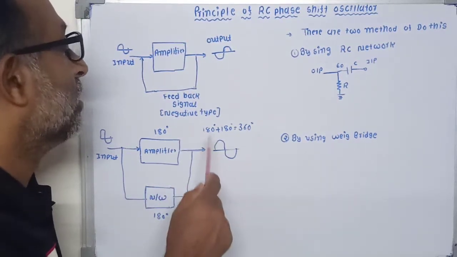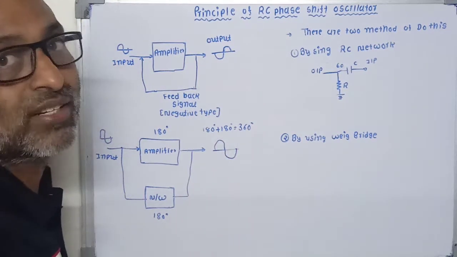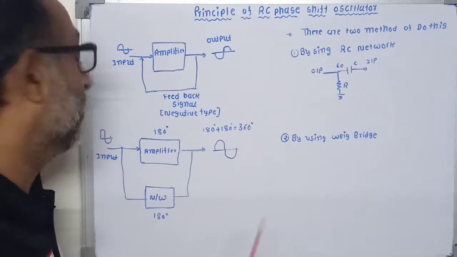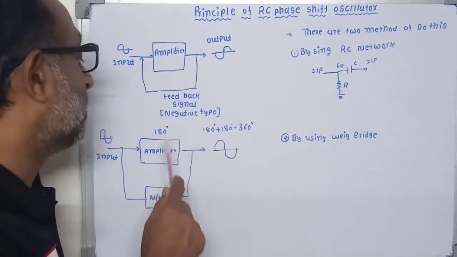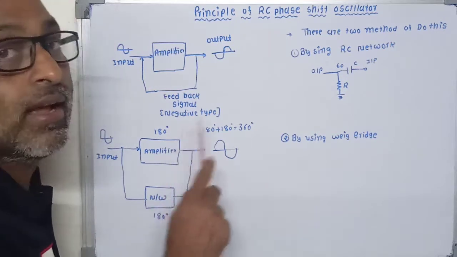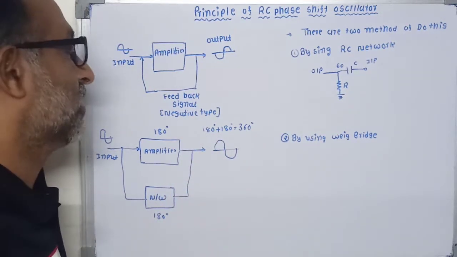So it becomes 180 plus 180 equals 360. That means the feedback signal is in phase with the input signal, because a 180-degree phase shift is provided by the amplifier and a 180-degree phase shift is provided by the feedback network.